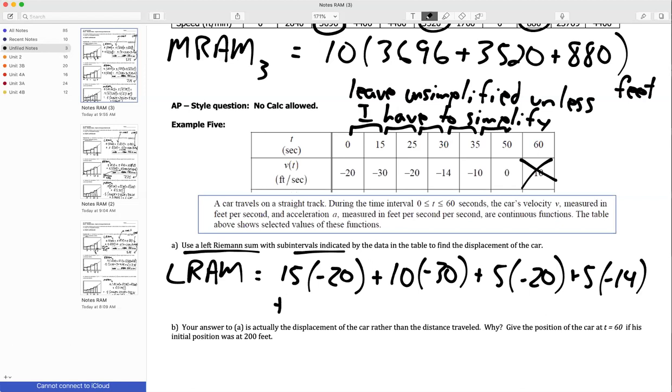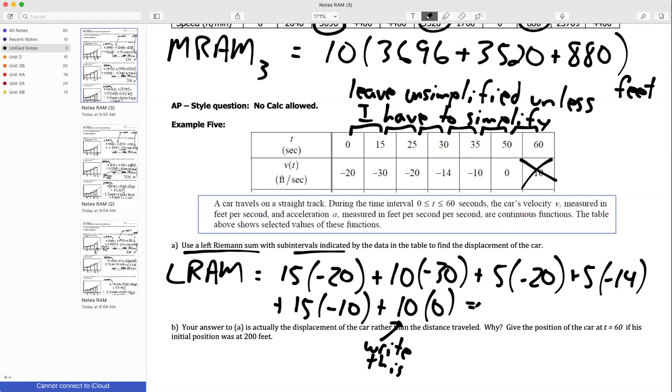And then from 35 to 50, so I've got 15 times -10. And make sure that you write the last one here, even though it's 0. We still need to write it so that the College Board people know that I'm calculating a left Riemann sum.